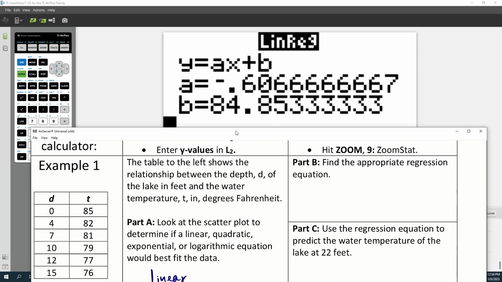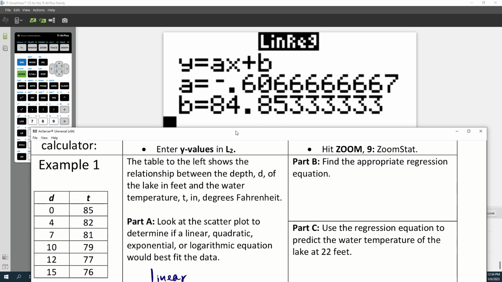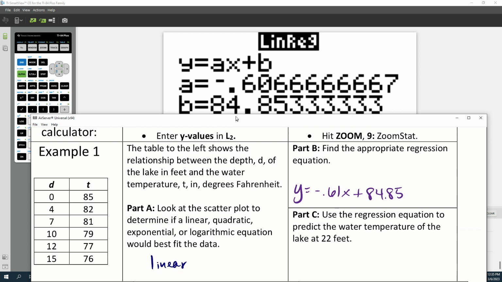So up here at part B, it's going to be y equals, and then we're going to put negative 0.61 in for a, and then they all have to have an x. If they don't have an x, it's not quite going to work. And then we're going to put in 84.85 for b. All right, and that's my equation.